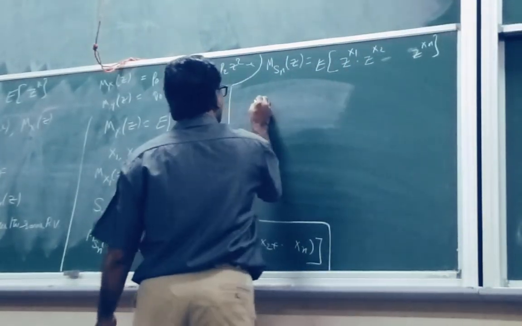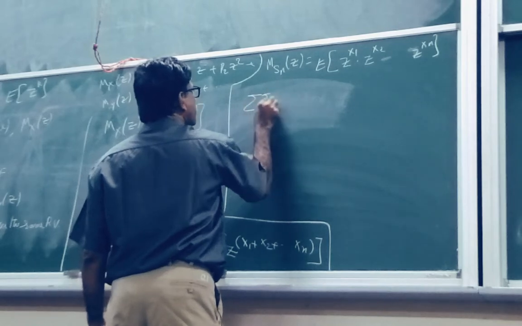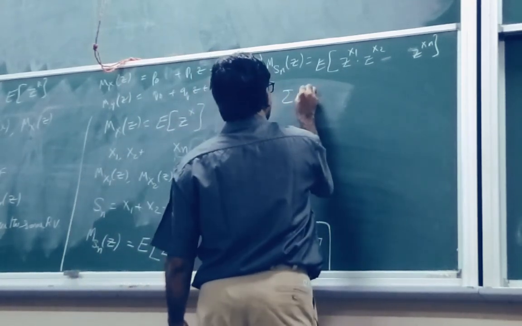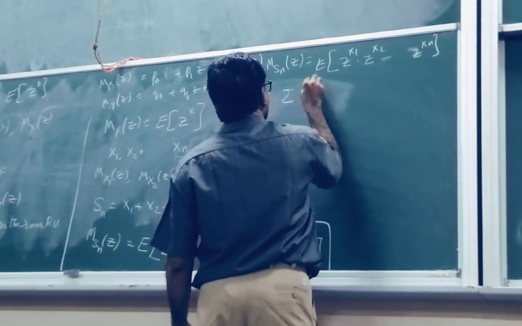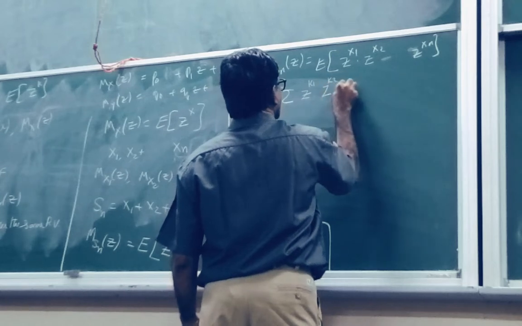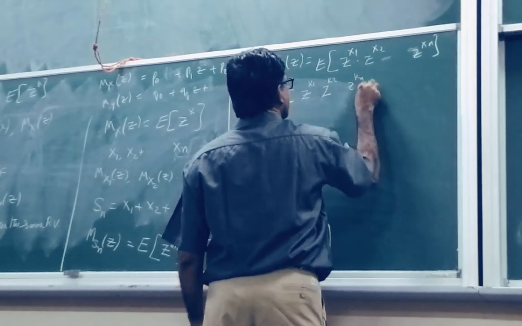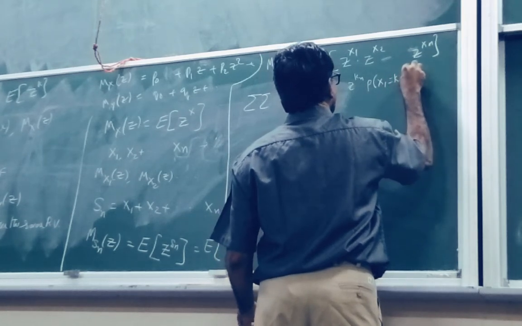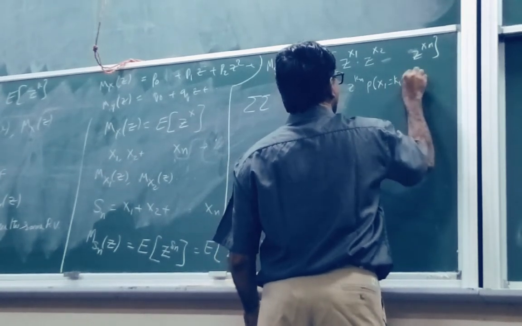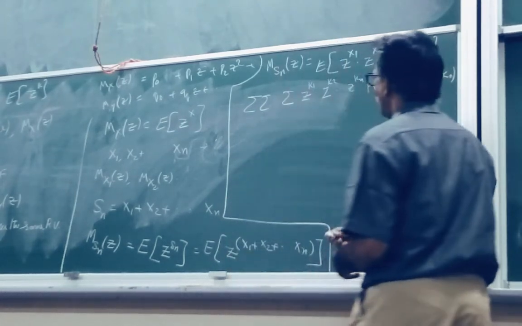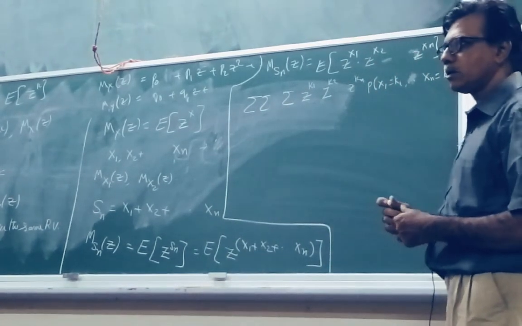So what it means is you should put a multiple sigma, one for each, into Z power k1, Z power k2, and so on, Z power kn, into the probability that X1 is equal to k1, X2 is equal to k2, and so on. This is how we have to put it.